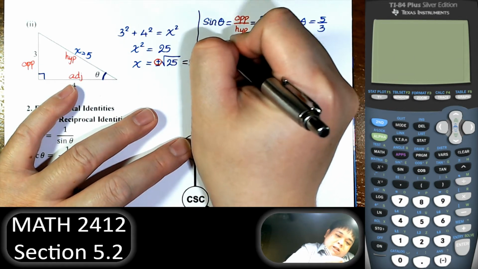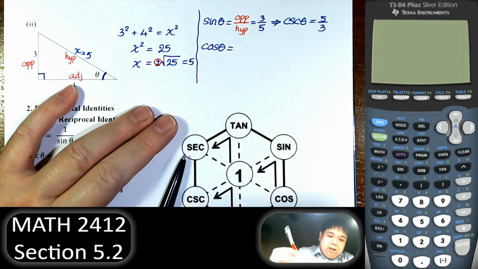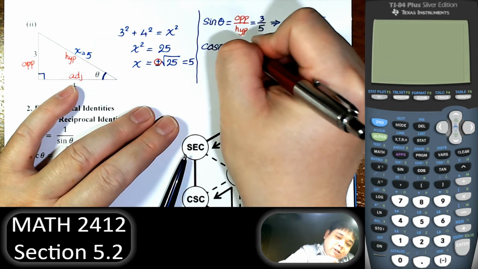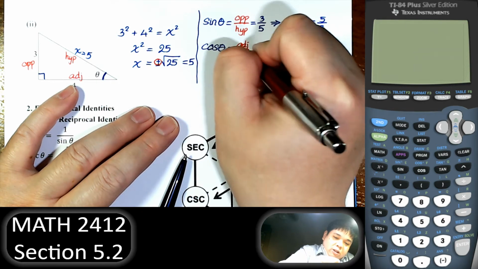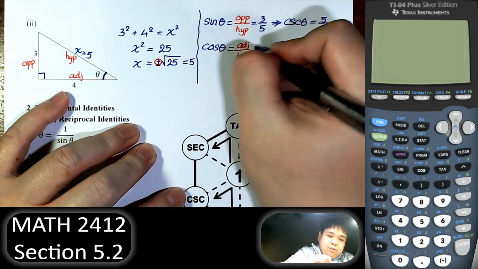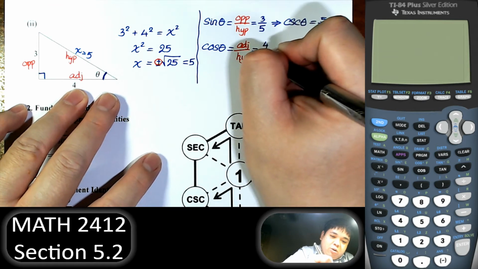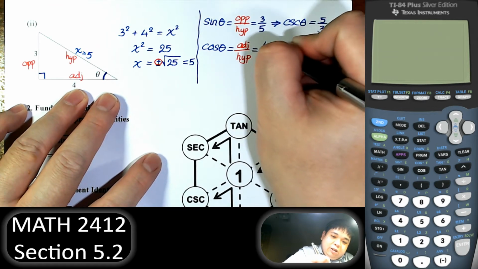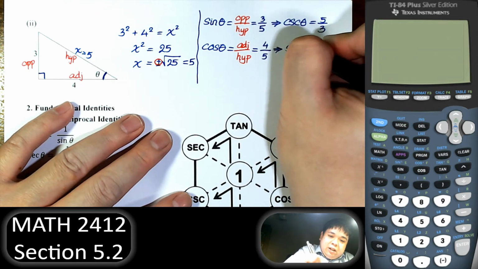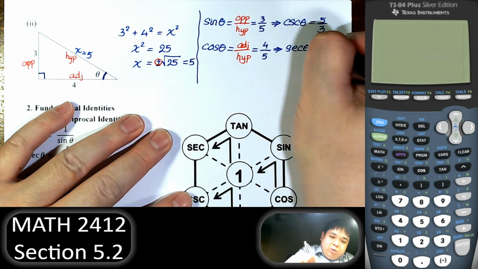Cosine is adjacent over hypotenuse, 4 over 5, and then secant is the reciprocal of that.